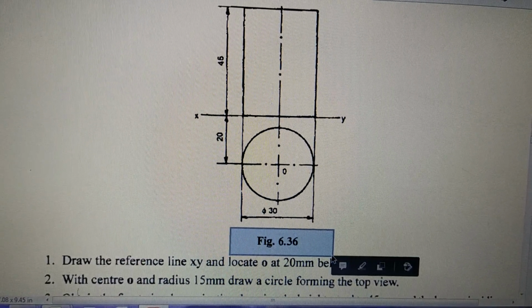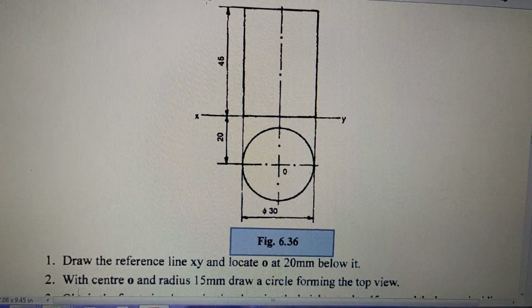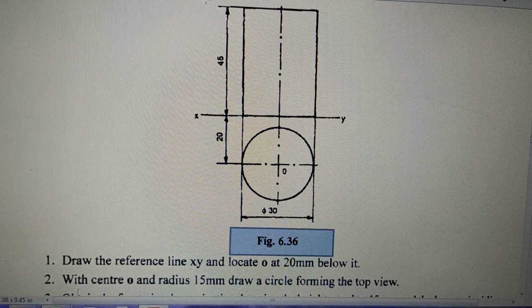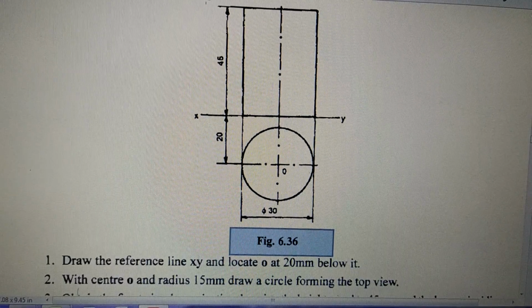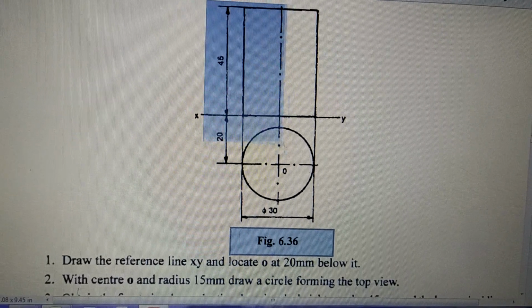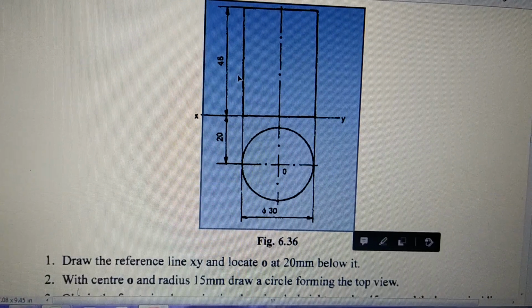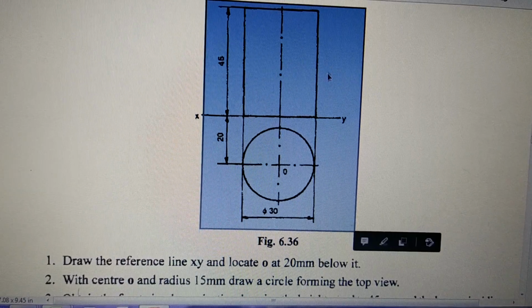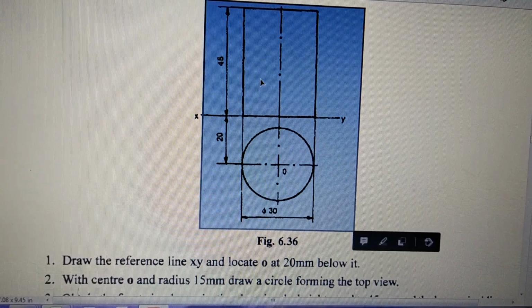I am again repeating, when you draw, you have to not just copy, you have to copy by understanding. You have to read the problem, imagine what they are talking about, and after you imagine, then you draw this figure which is ready-made there, but while drawing you have to understand why it is drawn like this. And then observe the line work, what line should be dark, what line should be light, etc. That you have to properly follow.